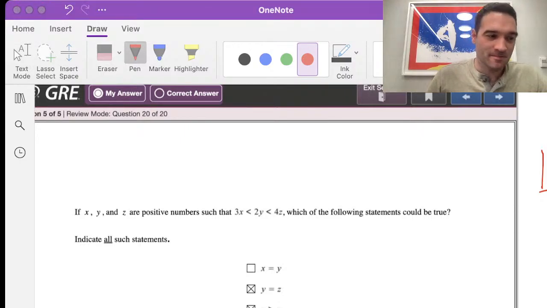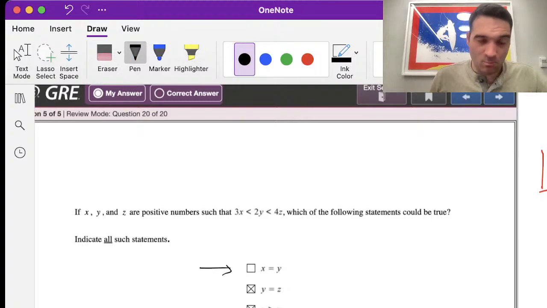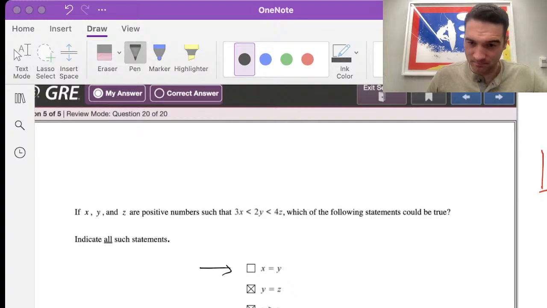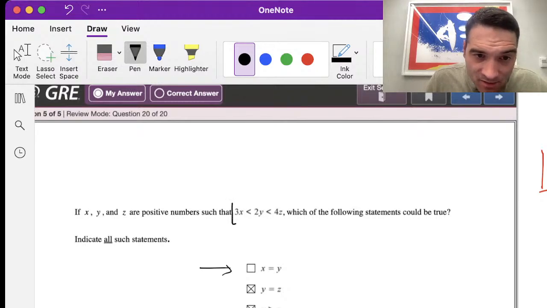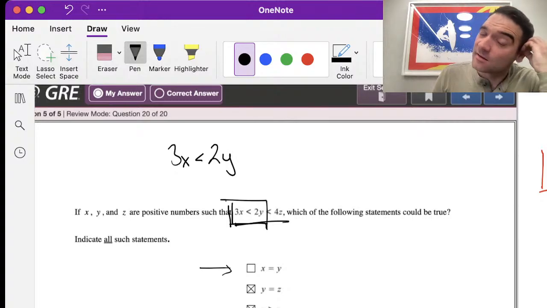So let's do this. We'll start with x equal y. Is it possible for x to equal y? Well, no, because if we look at x and y by themselves, which we're totally allowed to do, we can just say 3x is less than 2y and forget about z for just a second.